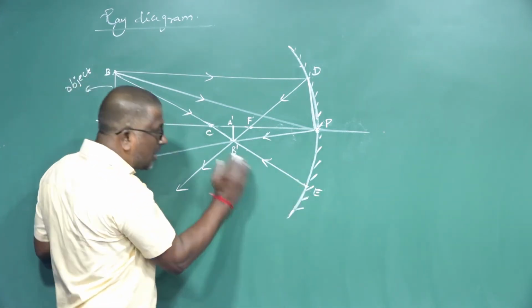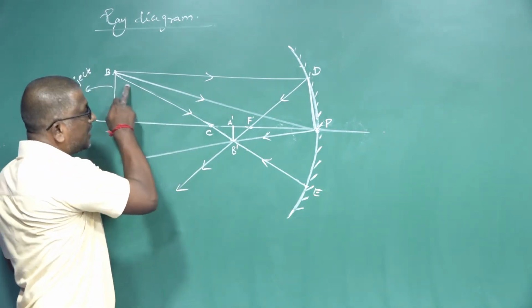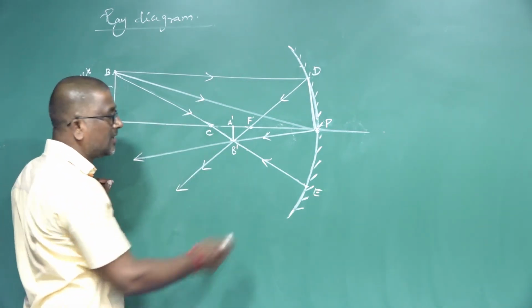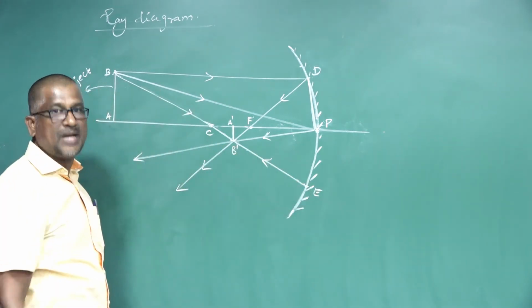So after reflection from the concave mirror, this ray travels along the same direction.